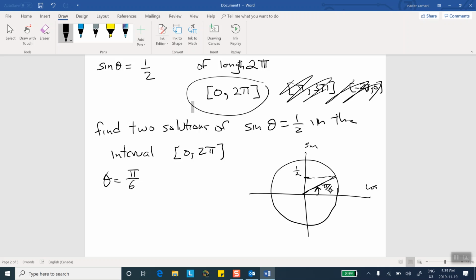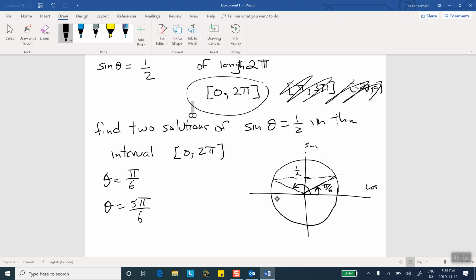But notice that there is another angle in this interval 0 to 2 pi. In fact, it's exactly on the other side. In other words, in quadrant 2, this angle, which happens to be incidentally 5 pi over 6, because you go by the length pi, and then you back up by pi over 6.